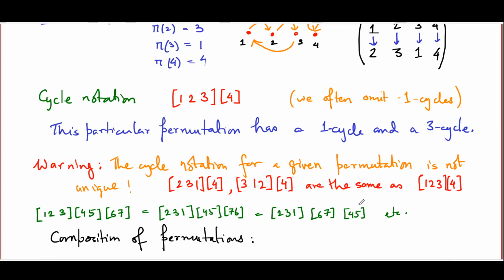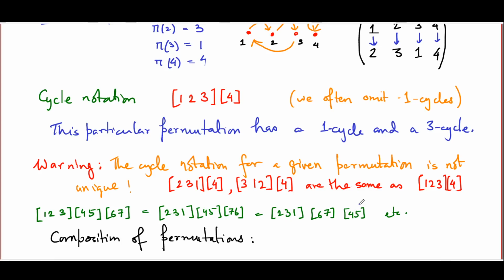After all, permutations are maps. They are bijective maps from the set 1, 2, 3 up to n to itself. And the standard way of multiplying, or well, in this group sense multiplying maps, is just composition. You do one map after another.